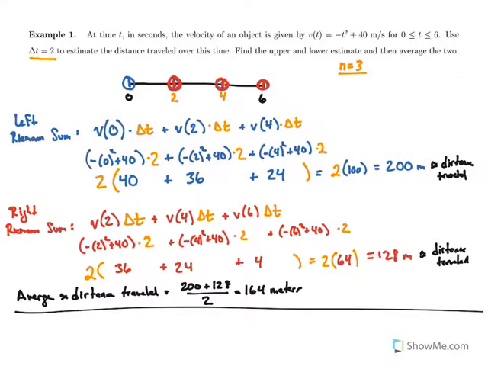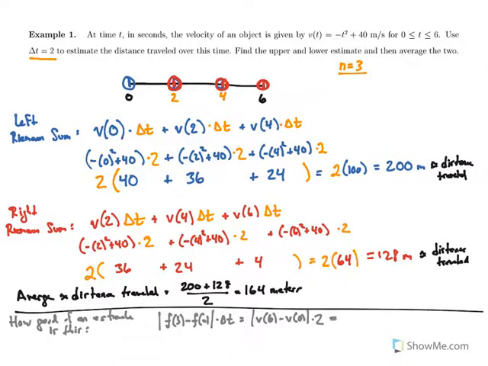Lastly, let's think about how good of an estimate this is. We have f of b minus f of a times delta t. That's going to be v, in this case, not v of 0, sorry, v of 6 minus v of 0 times delta t, which is 2.